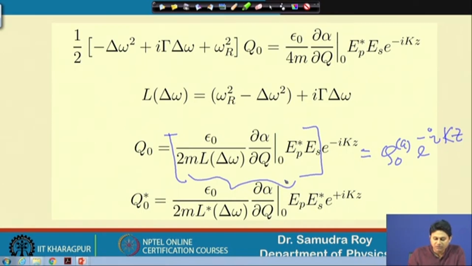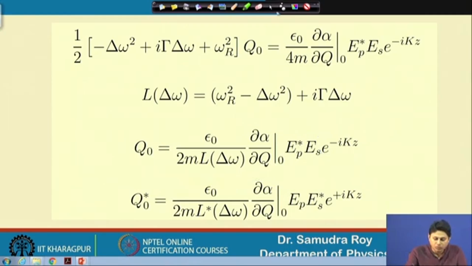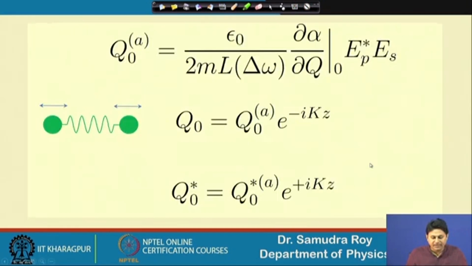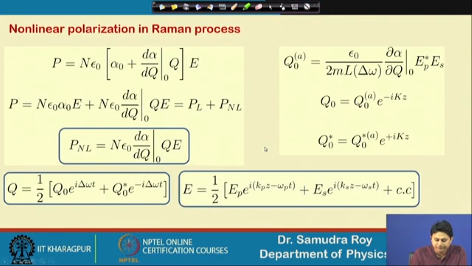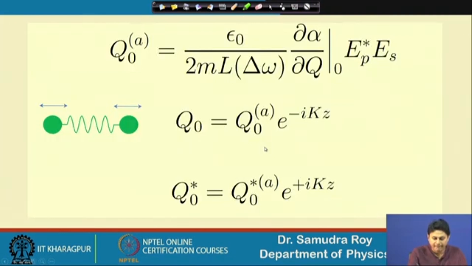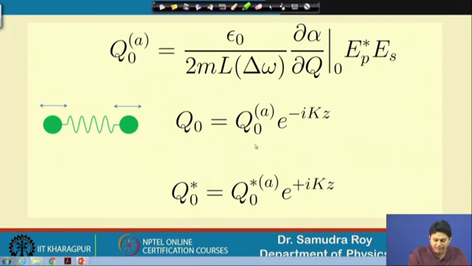Why it is complex? Because EP, ES may be complex, and here L sitting here, which is also complex. So, we can write the total Q0 as epsilon 0 this EP star ES, and here in amplitude and phase form.